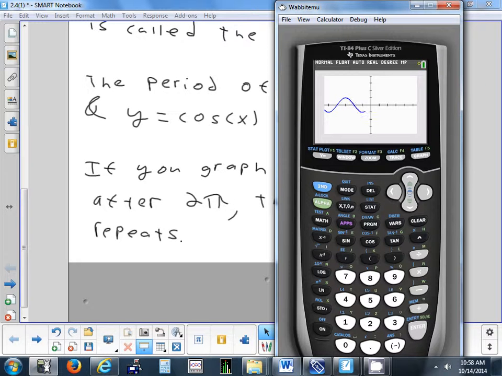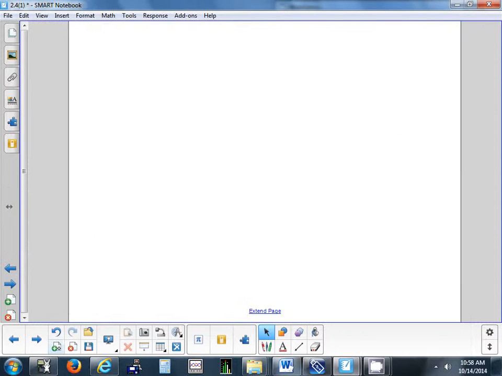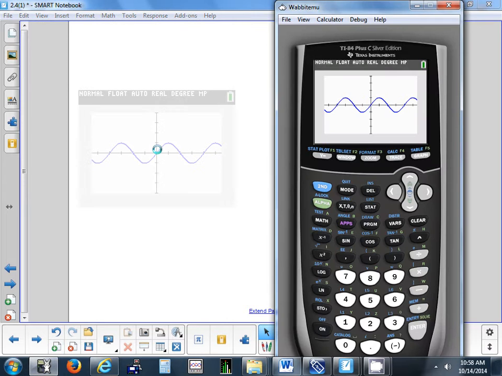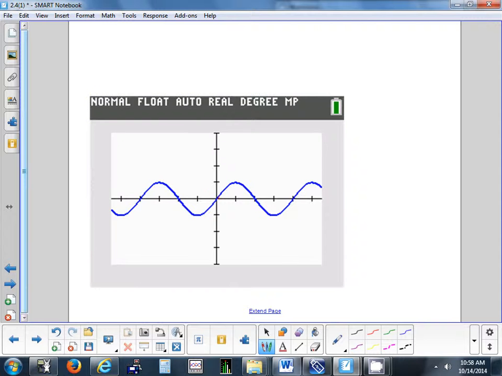Okay, I'm graphing it in the negative x-axis and positive. Okay. When it starts here, it goes up, it goes down, comes back up. That's one section of sine. That's called one period. Okay.